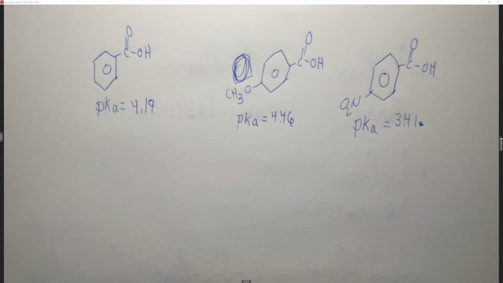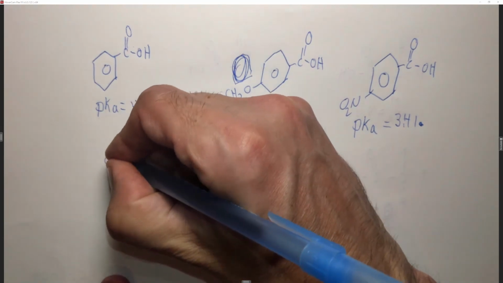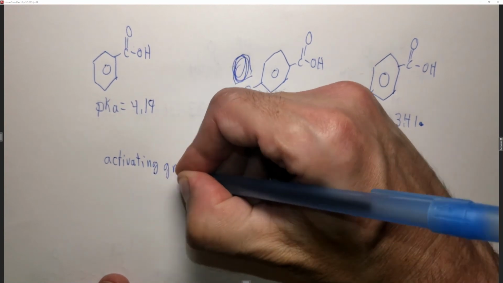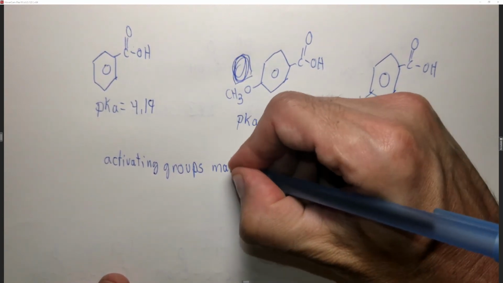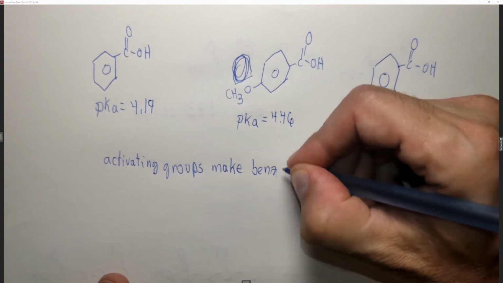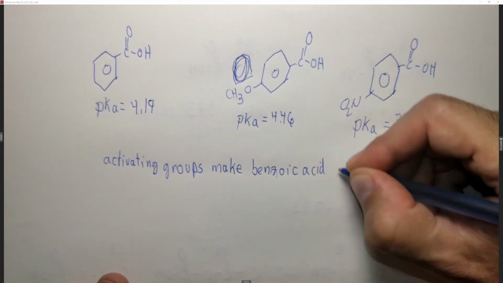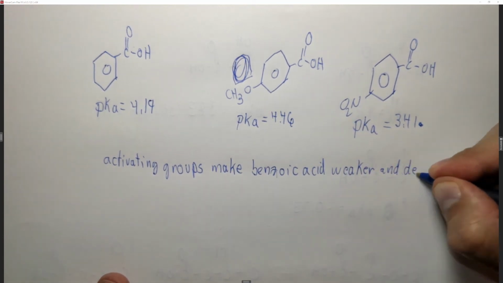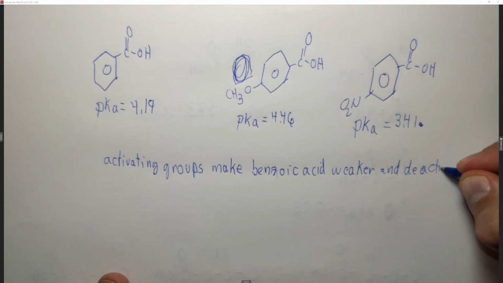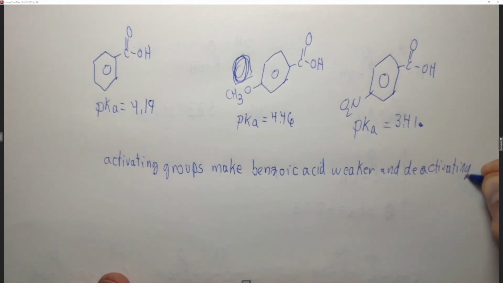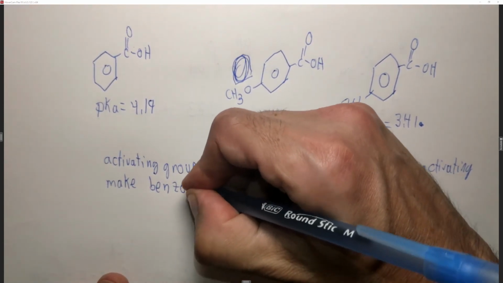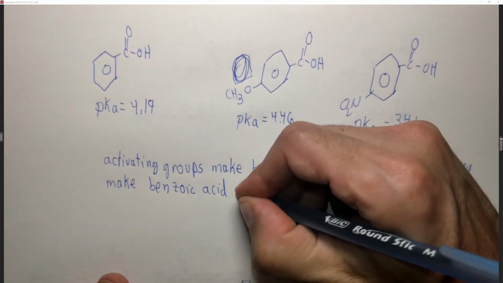So generally speaking, what we can say is that activating groups make benzoic acid weaker, and deactivating groups, electron withdrawing groups, that's why they're deactivating, make benzoic acid stronger.